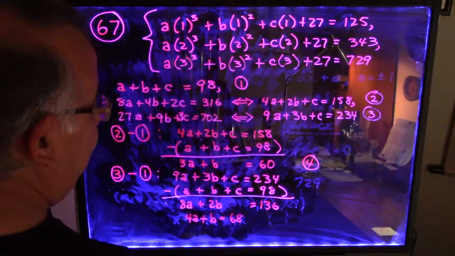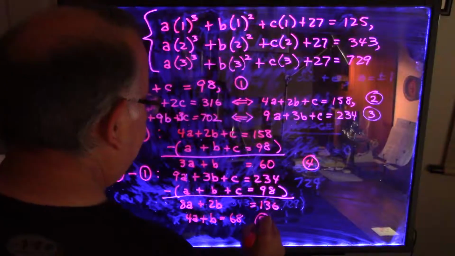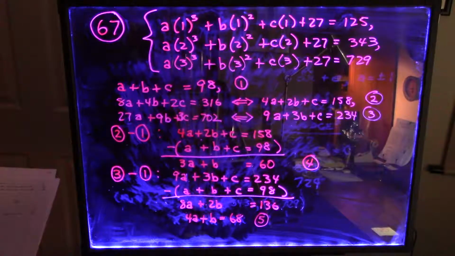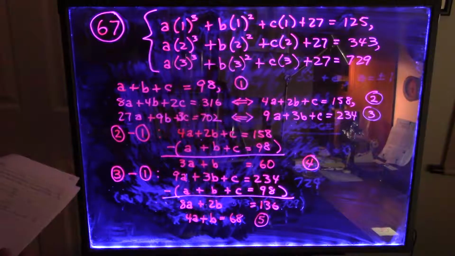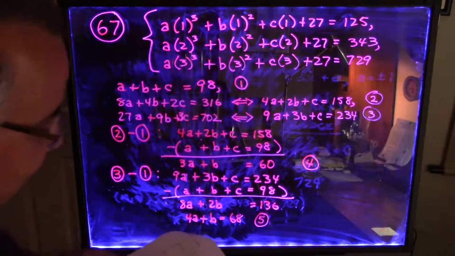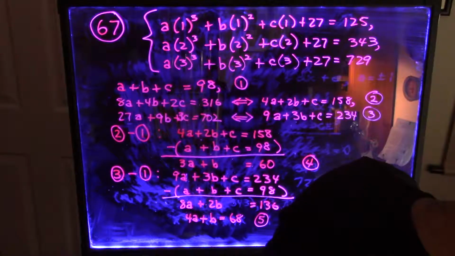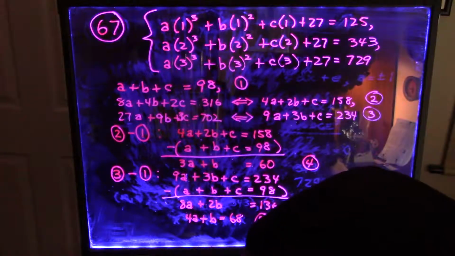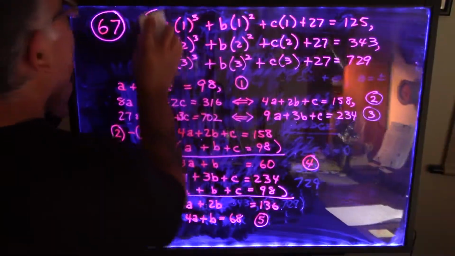So that's going to be my new equation 5. Put that 5 in a circle. There you go. So I've got equations 4 and 5, and I'm going to solve those for a and b. However, I have to erase again, so hold on a sec while I erase.